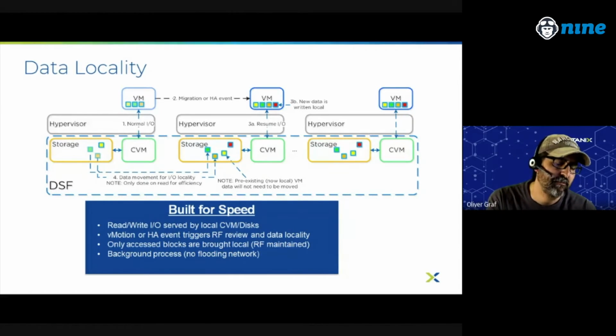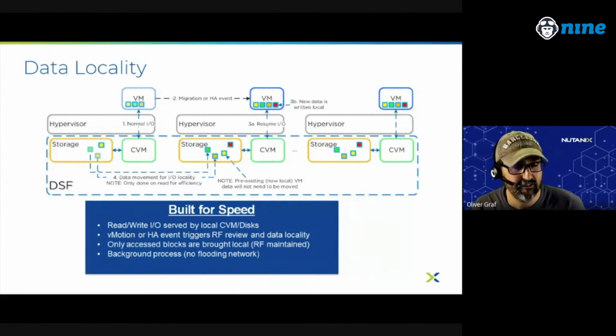As I explained in the I/O path before, all read and write I/Os are served by the local controller VM, which sits on each hypervisor beside the normal VMs. A VM's data is served locally from the CVM and sits on a local disk under the CVM's control.